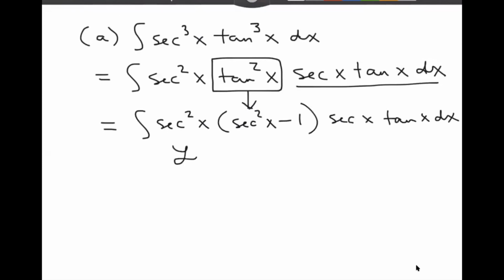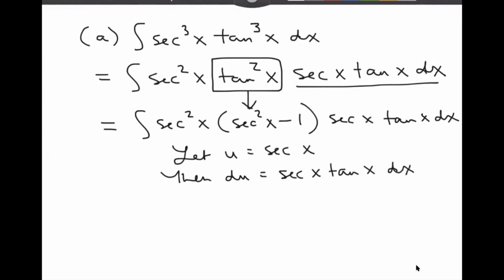All right, so the substitution is let u equal secant x, which is going to make du secant x tangent x dx. So my new and improved integral is going to be integral u squared times u squared minus 1 du.